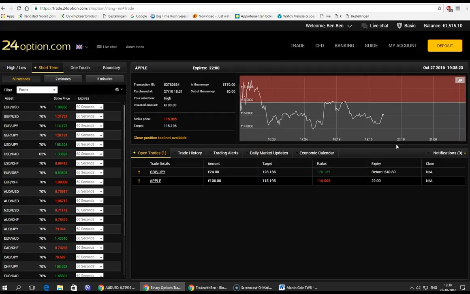As you can see, Apple is going up, it's trying to recover. It's still a bit out of the money, but it will recover. It will recover. Let's take a look at what's going to happen before I end this session.